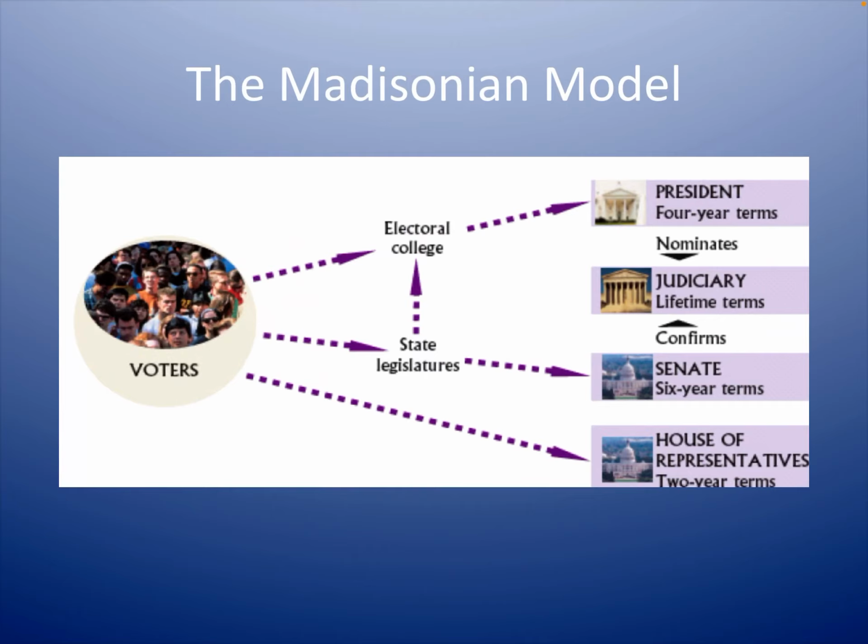Senate serves 6-year terms, and the House of Representatives serves 2-year terms. And all of this is ultimately decided by the voters, whether they elect a president, whether they elect members of the House, members of their state legislatures, members of Senate. Basically, the American voters, the American people, are involved in different aspects of government.